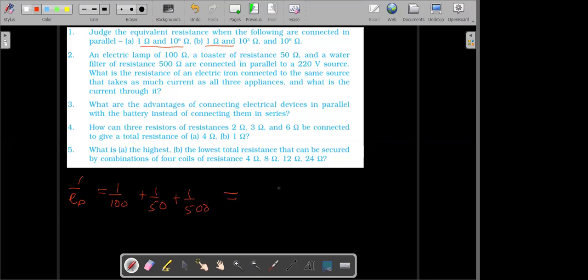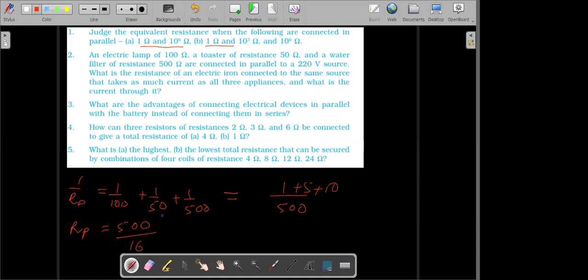The LCM would be 500, and you will be adding 5 plus 10 plus 1, so you get 16 over 500. So R_P is 500 over 16.